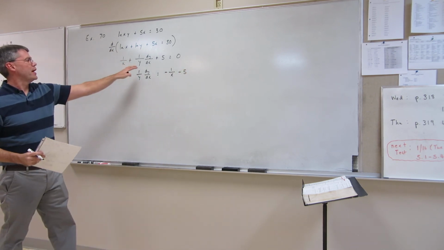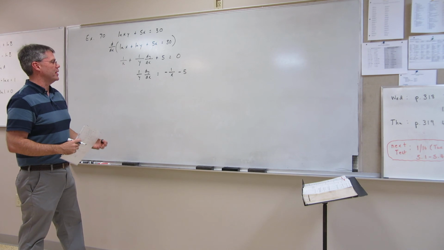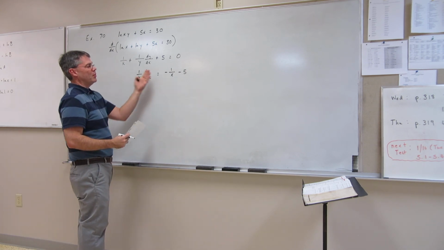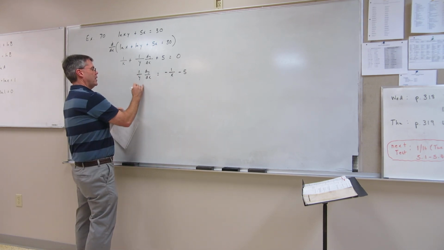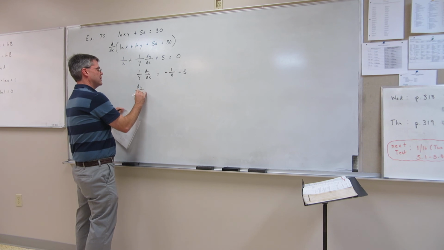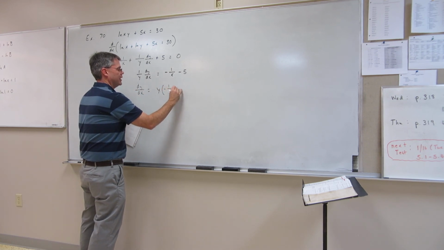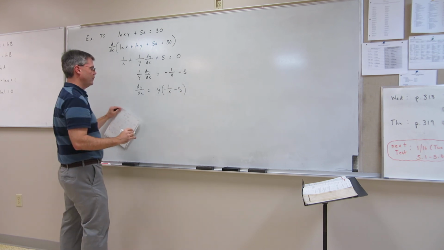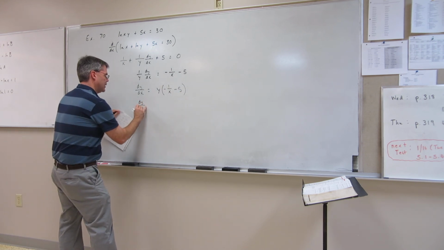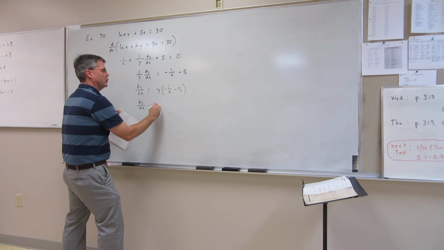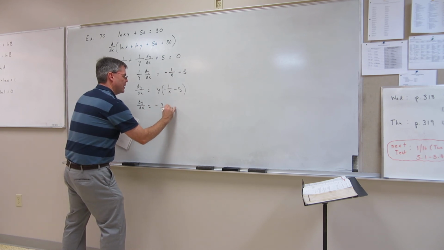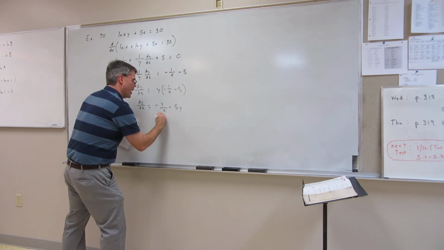So I took the 1 over x and the 5 and I put it on the right side of the equation. Now I can just multiply both sides by y, and that will solve for dy dx. So I have y times negative 1 over x minus 5. So dy dx is equal to negative y over x minus 5y.